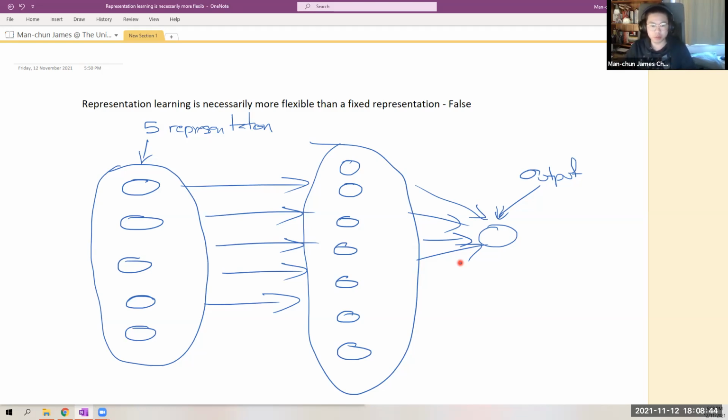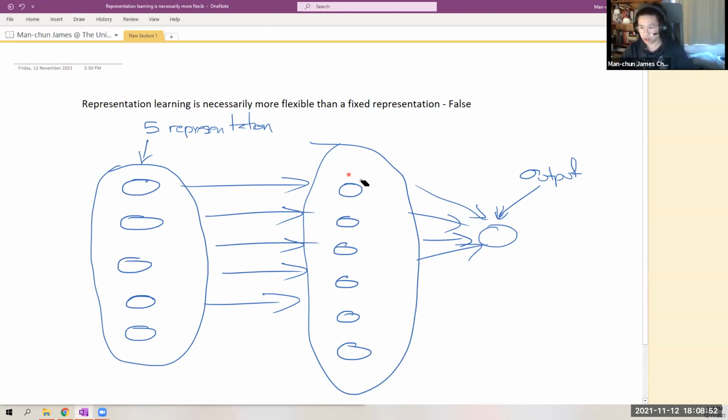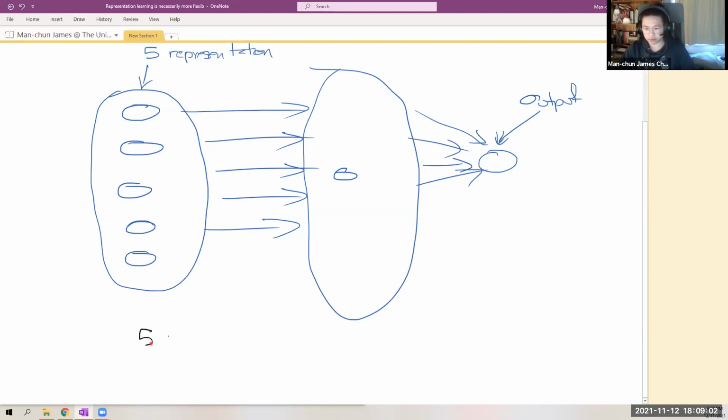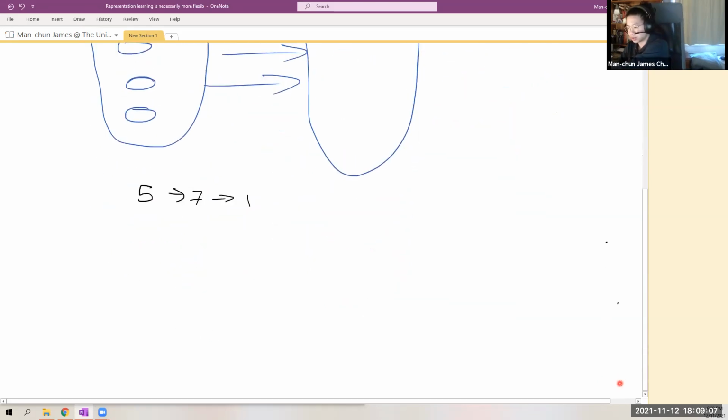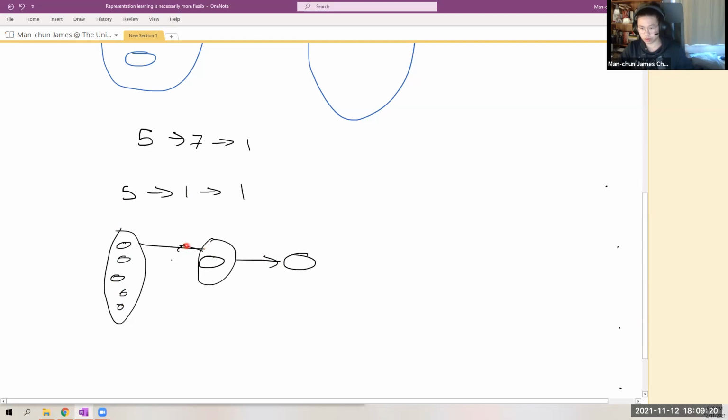But who said we have to learn more representations? In theory, we could just learn one representation. So instead of the network being 5 to 7 to 1, we can make the neural network be 5 to 1 to 1. 1, 2, 3, 4, 5, and it goes to one node, and this is the output.